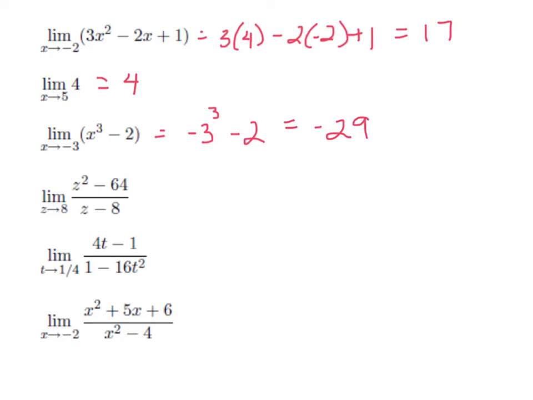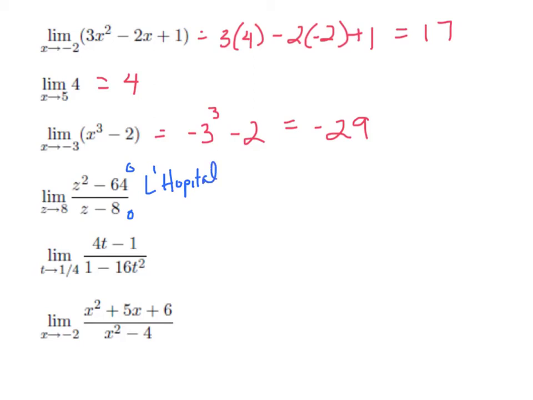In the next one, plugging in 8, we get 8 squared minus 64. Well, that's 0. That's not the end of the world. But then on the bottom, we also get 0. Remember, the case where we get 0 over 0 is where we can invoke L'Hopital's rule.